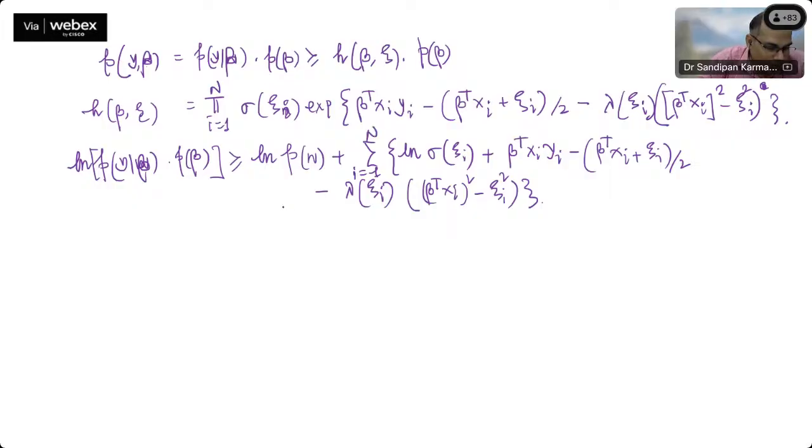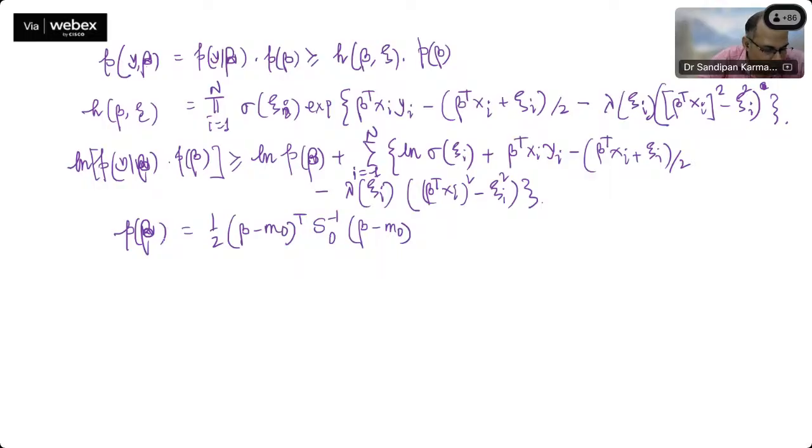Now what will happen is that instead of p w, p beta, I'll be using this normal distribution. So the normal distribution will have the PDF as exp of minus half, beta minus m naught transpose S naught inverse beta minus m naught. Inside the exponential, whatever is there, it is actually coming out.